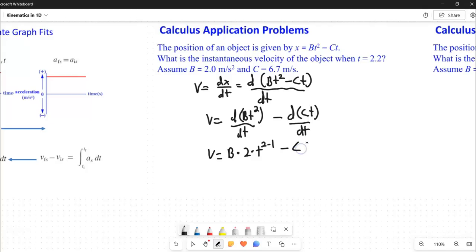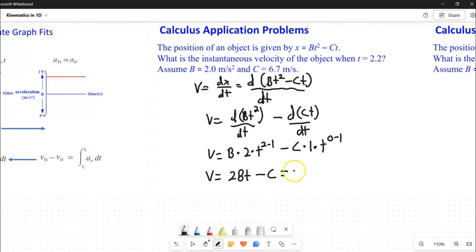Minus c, we're going to bring to the front, t to the first, we're going to multiply this by 1, t to the 0. So this is going to be 2bt minus c.